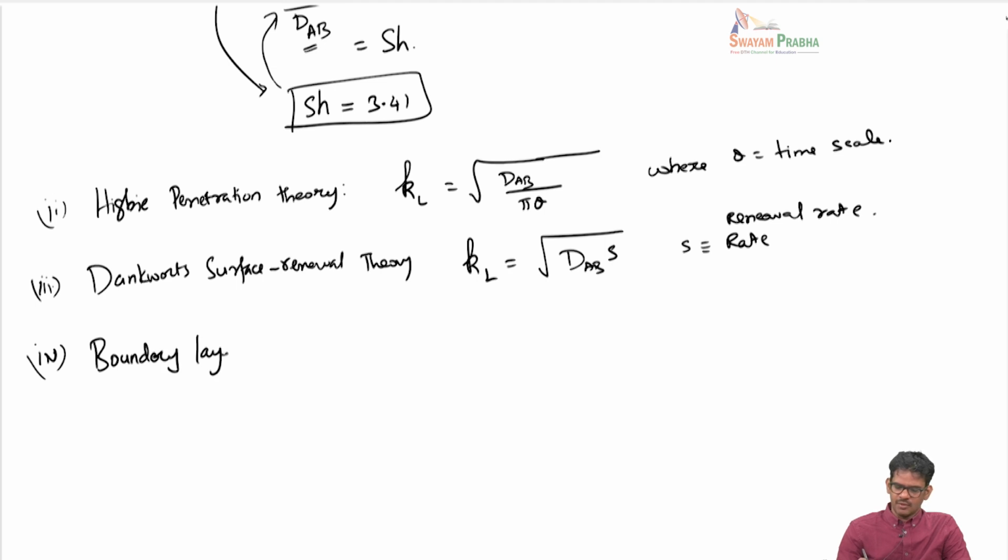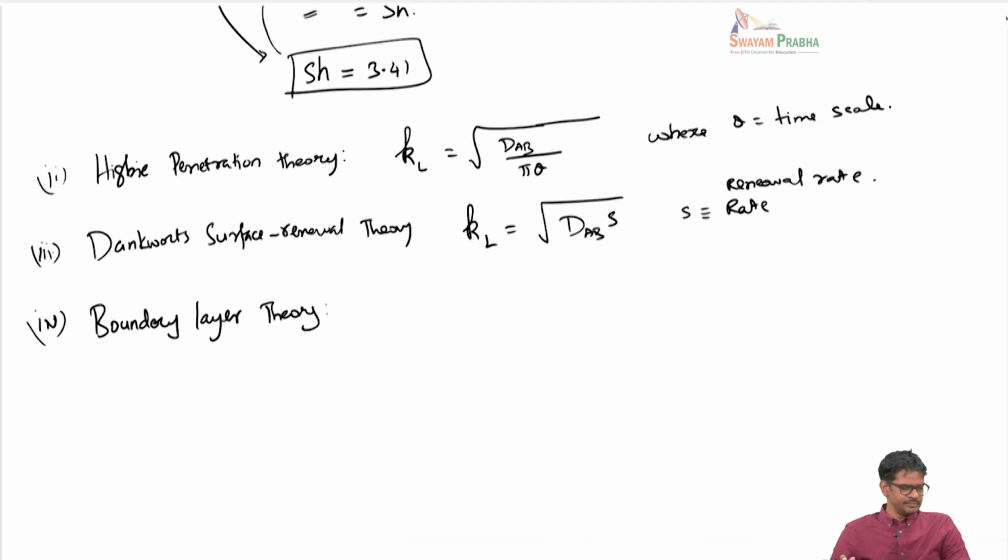Okay, boundary layer theory. So based on boundary layer theory, you might have studied heat transfer coefficient relations. In the same way, we also have an expression for Sherwood number, which goes something like this.